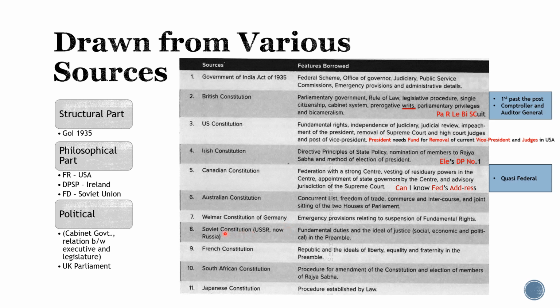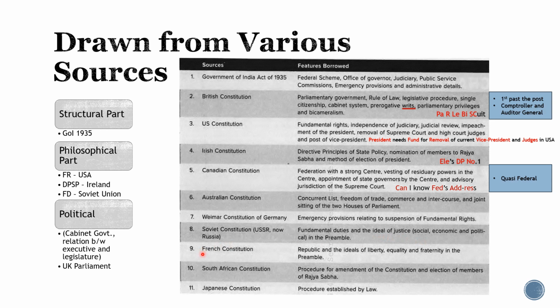Soviet Constitution, USSR, which is now Russia, gives us fundamental duties and the ideal of justice. As you've seen in our preamble, or if you've not, we'll talk about it in the coming lecture, our preamble says justice, social, economic, and political. That is coming from the USSR Constitution.